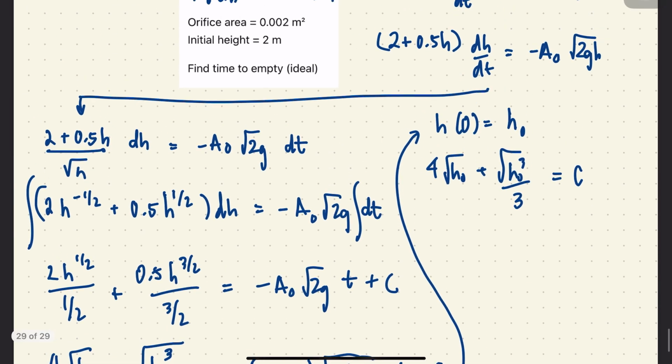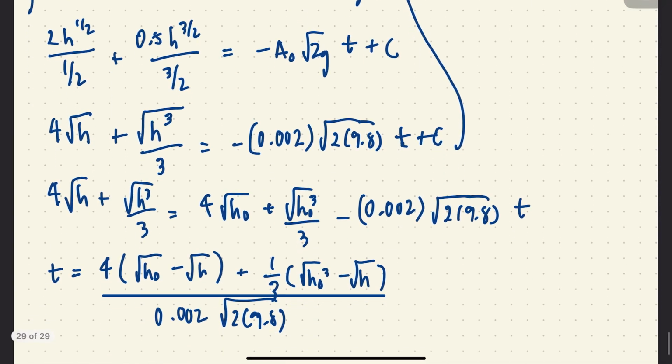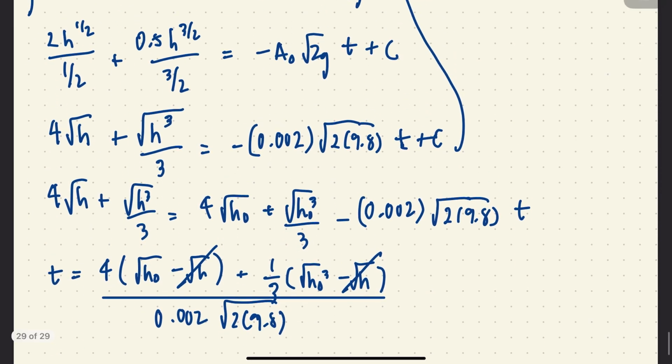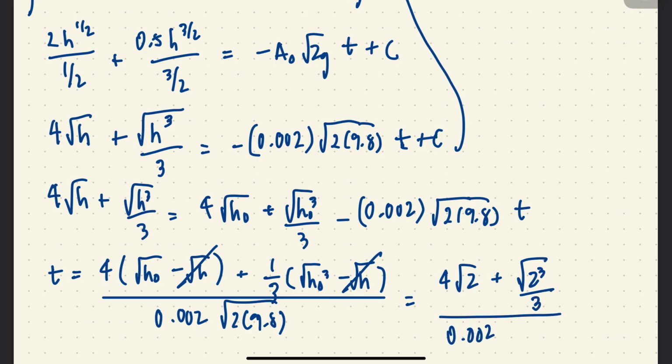We need the time to empty the tank. So our final is 0, and then our initial is 2 meters. So it will be 4 times the square root of 2 plus square root of 2 cubed over 3 all over 0.002 times square root of 2 times 9.8.